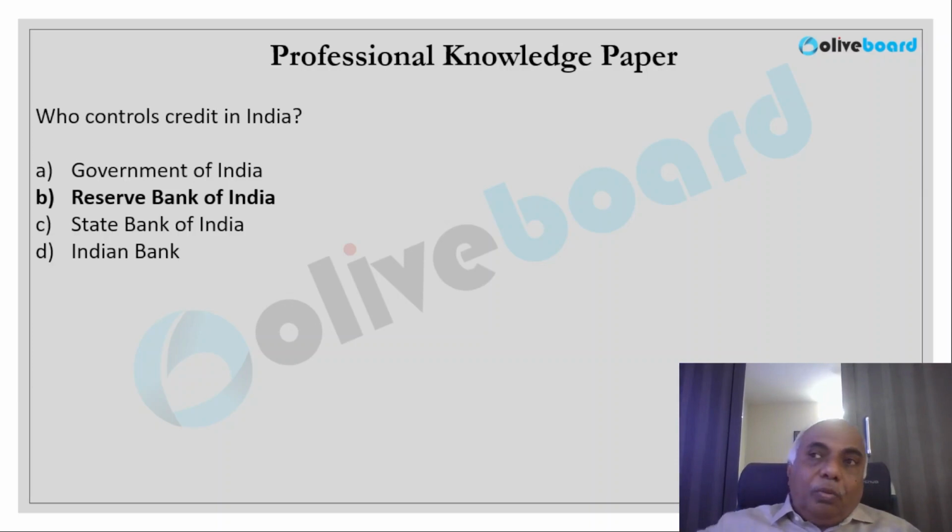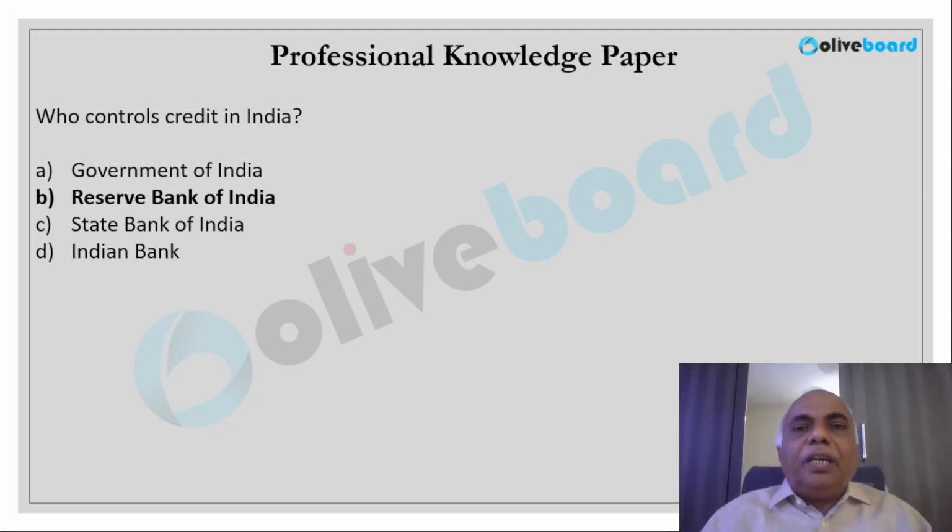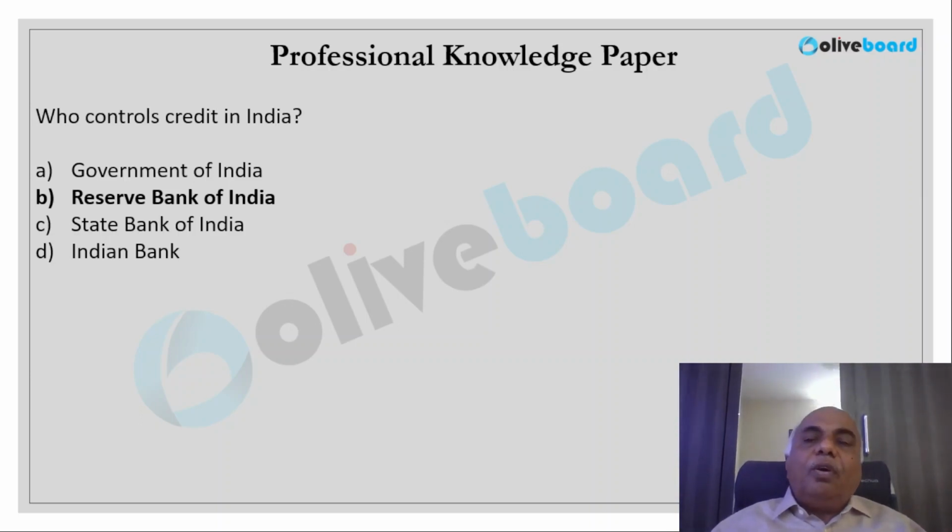Why? Because too much pumping of credit in the economy leads to inflation. Money supply will increase, and once money supply increases, the value of money will come down. So to control the credit, one tool is used by the Reserve Bank of India, that is called monetary policy.